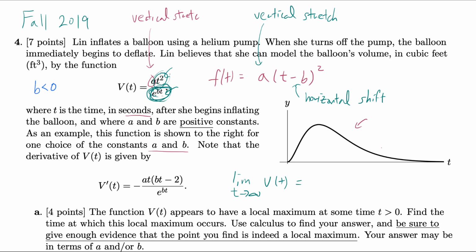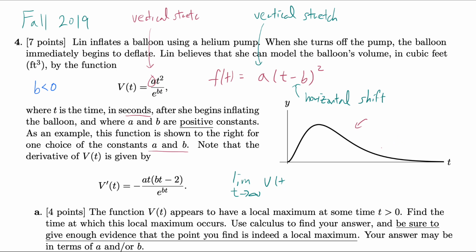So even though this thing is blowing up to infinity too, maybe t squared is like 1000, but e to the bt is way larger, maybe like 1 quadrillion or something. So in the limit, the bottom is going to dominate. It's approaching infinity a lot faster. So the limit of V of t is actually 0. And that's what we see happening here. As time blows up, you're approaching 0, and that's probably what you want, right? Because you want the balloon to deflate towards 0, not towards infinity.